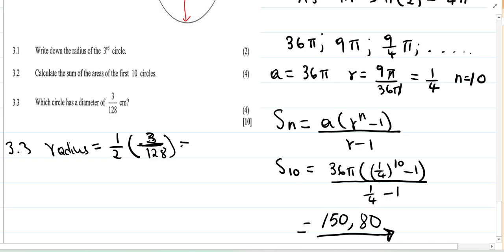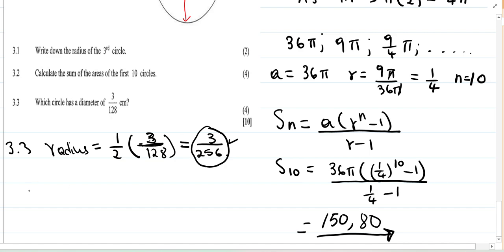We put that into the calculator and we get it to be 3 over 256. So we check which circle has a diameter of 3 over 128, which subsequently means which circle has a radius of 3 over 256.